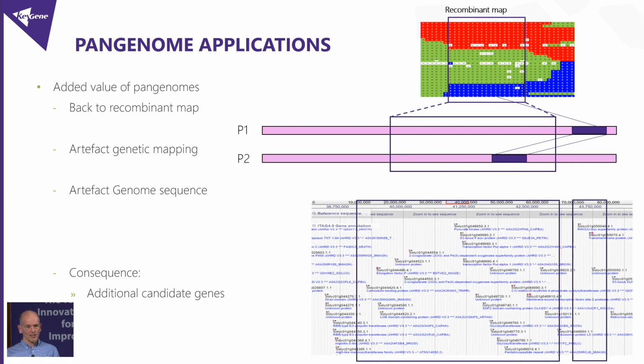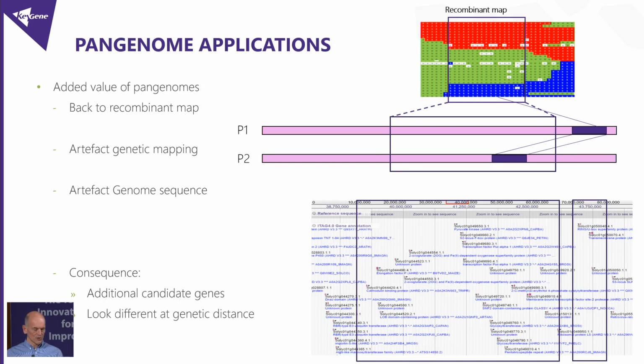That has a quite dramatic consequence, which is that all the genes that are in the reference sequence located in this region now all of a sudden become interesting candidate genes. So you have more genes to choose from, and well, in some cases those do contain the causal gene.